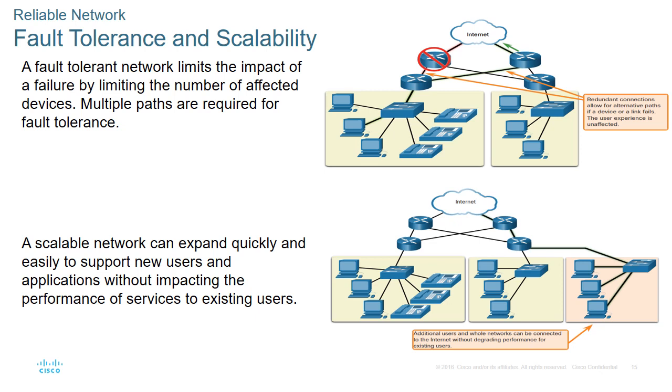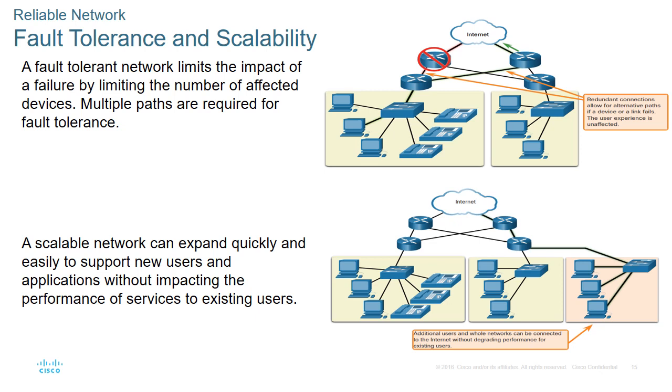So a fault tolerant network should have multiple paths between the devices. If one of the paths fails, it will use the other path to reach the destination. This is fault tolerance. So if you want to create a fault tolerant network, you have to establish multiple paths between the devices.